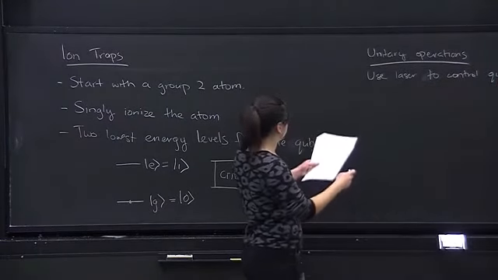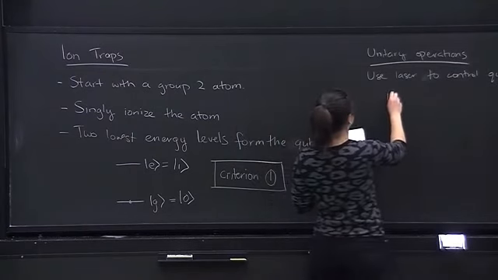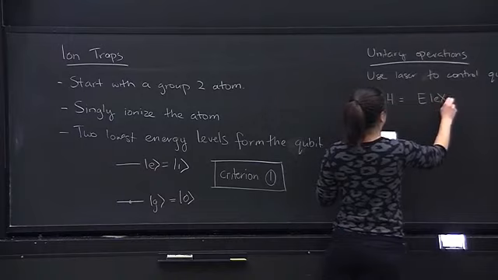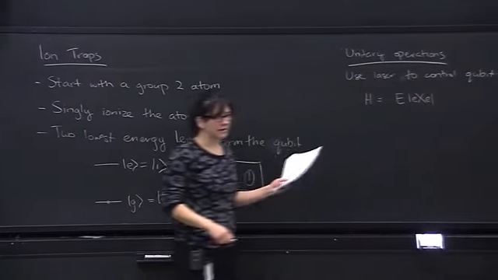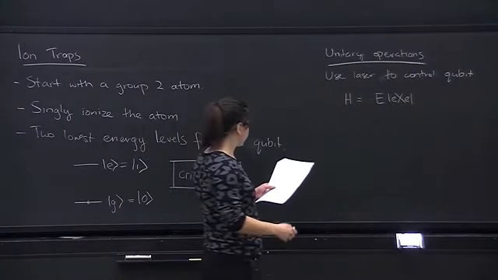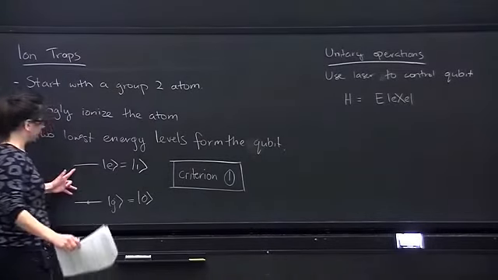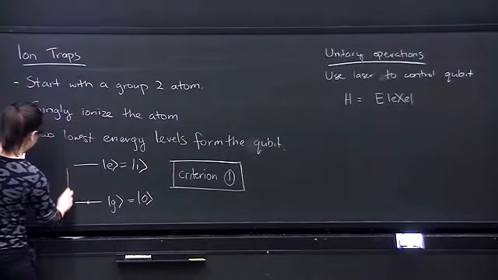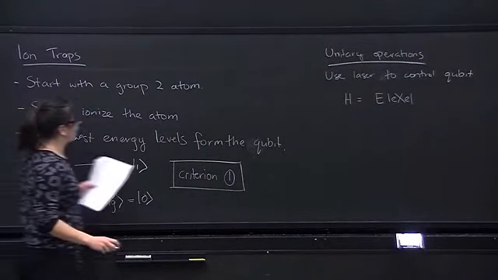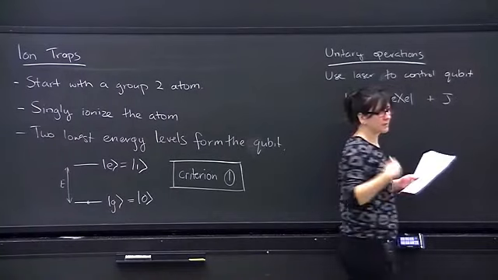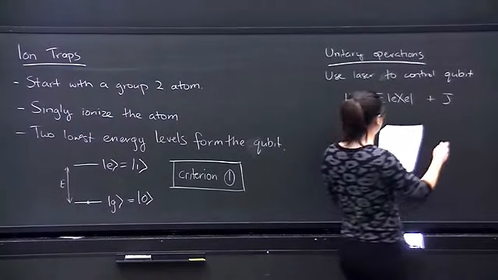So we can write down the Hamiltonian of the atom. I'm just setting the ground state energy to 0 here, so it's an atom where the energy difference is E. And then we've got a Hamiltonian that couples the laser to the atom.